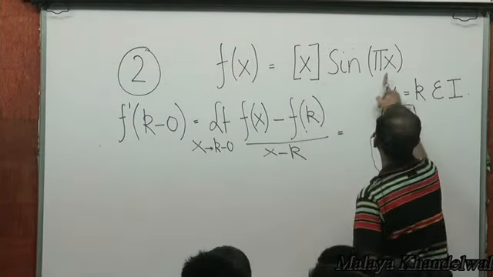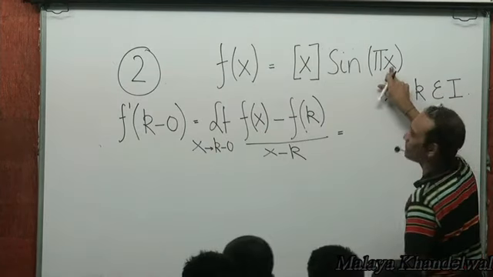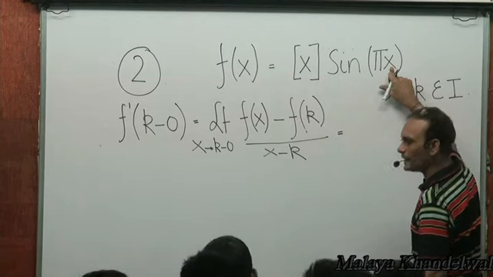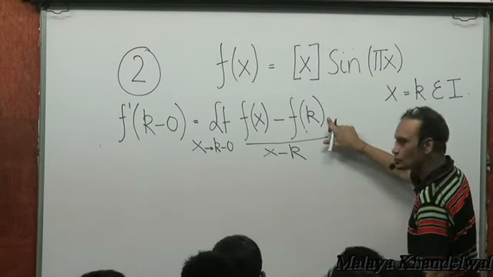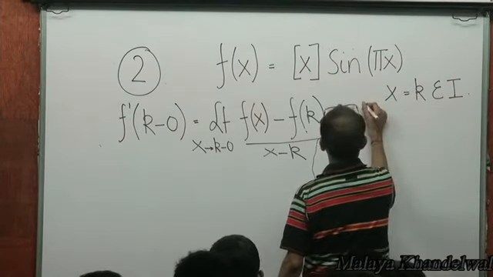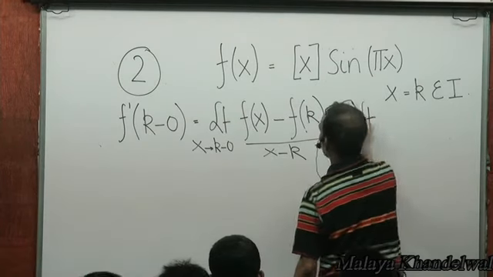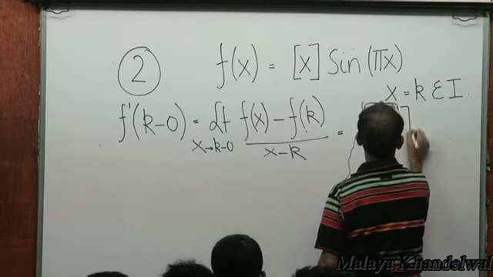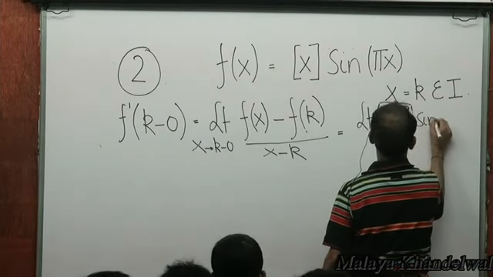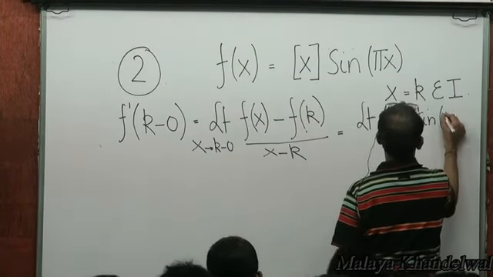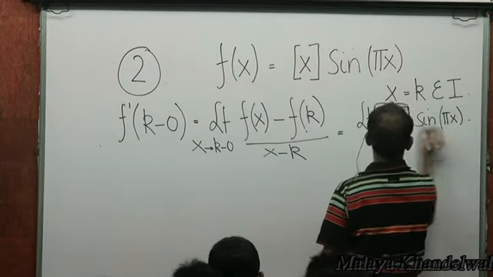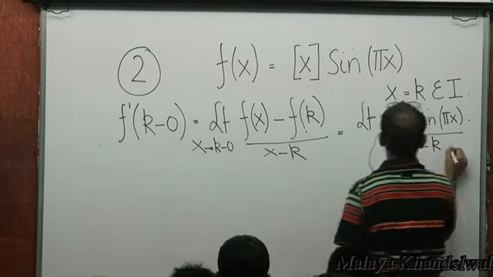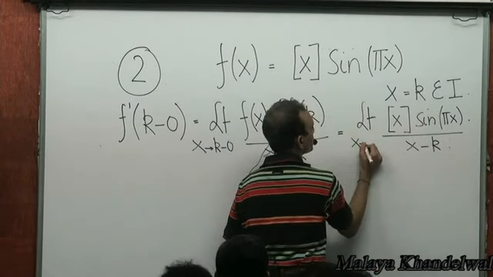Now f(k) is 0 because f(k) means this is an integral multiple of pi. Sine of an integral multiple of pi will always be 0. So f(k) is 0. This is limit f(x), f(x) is box x sine pi x, by x minus k as x tends to k from the less than k side.